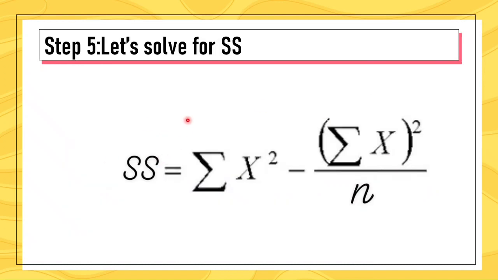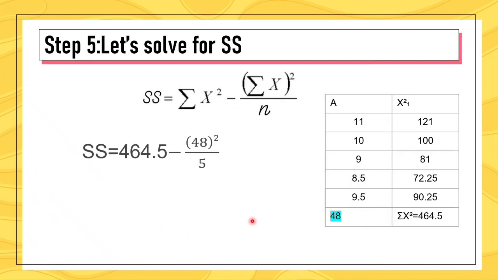So here is the formula of sum of squares. To get the 464.5, we just have to look at table A first. Here's the 464.5, and the total is the 48, the summation of the quantity x squared.